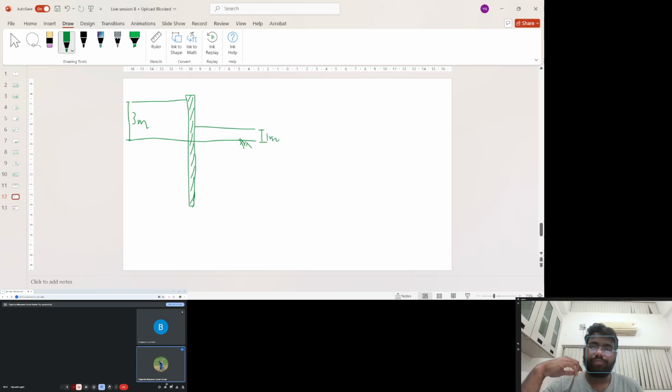The sheet pile extends up to 5 meters, which is immaterial as far as this is concerned.